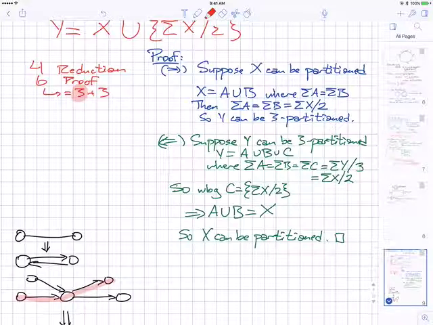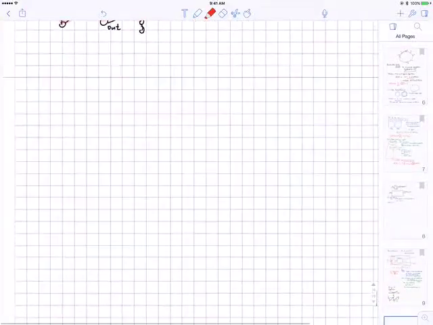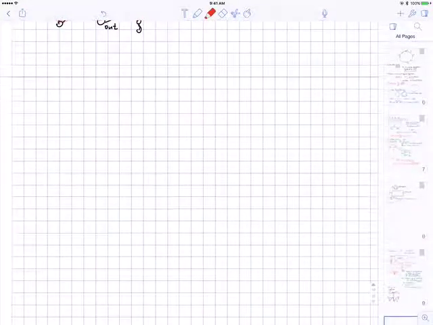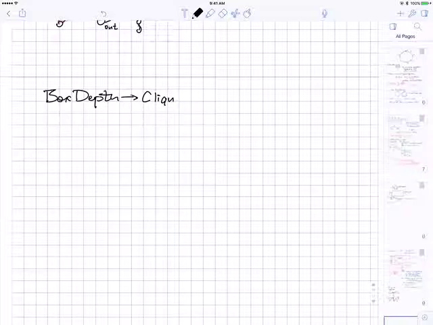One of the other things I want to point out that's listed in the rubric: if you do the reduction the wrong way, you get a 0. For example, there's this problem about box depth where I want to reduce box depth to maximum clique.